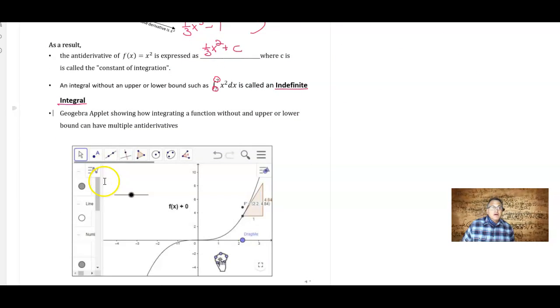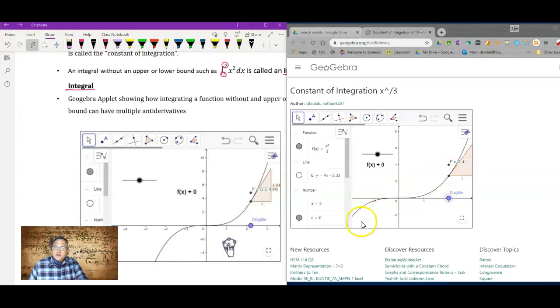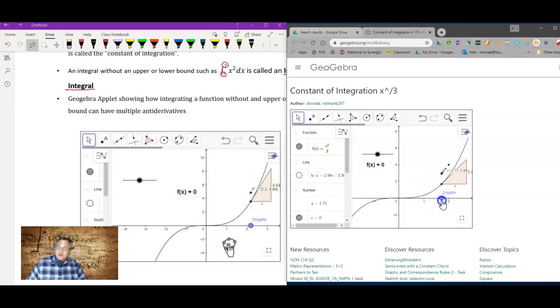Now here is an applet that shows you geometrically why this is true. Over here on this GeoGebra link, I'm going to graph the derivative of x cubed over 3. This triangle is your derivative: the slope of the hypotenuse is being graphed up here.